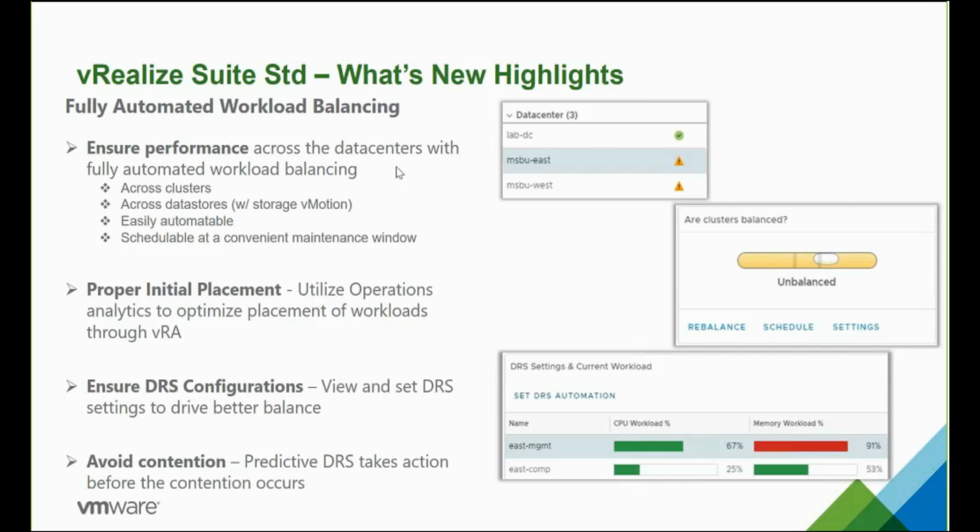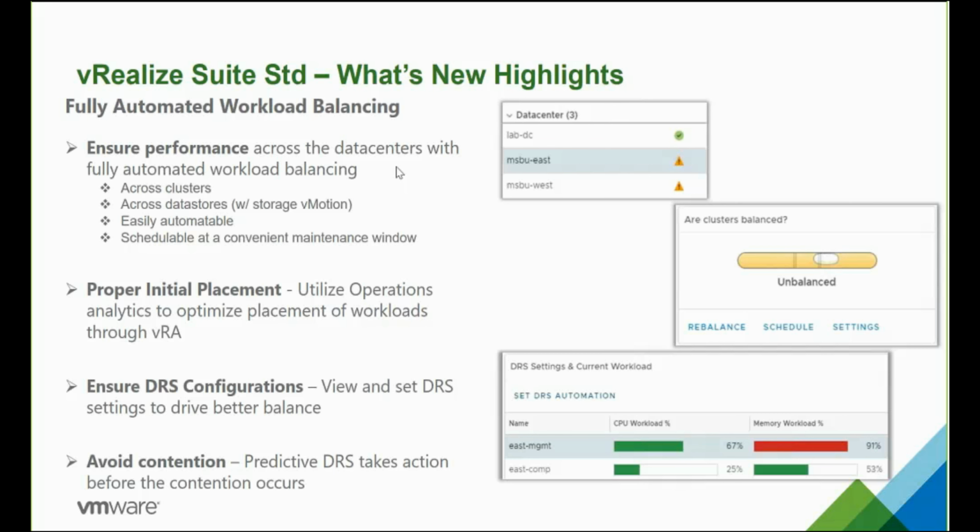And hence, with 6.6, we do an out-of-the-box integration between vROps and VRA. As soon as VRA is about to place a virtual machine, it asks vROps, and using the workload placement engine, vROps suggests the best cluster to place that VM within that particular reservation.